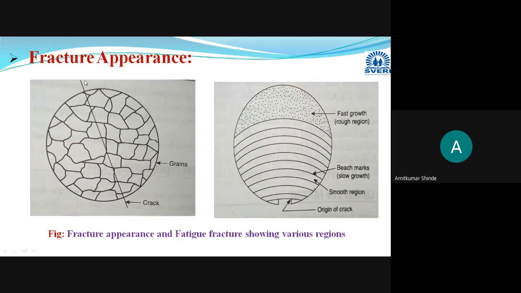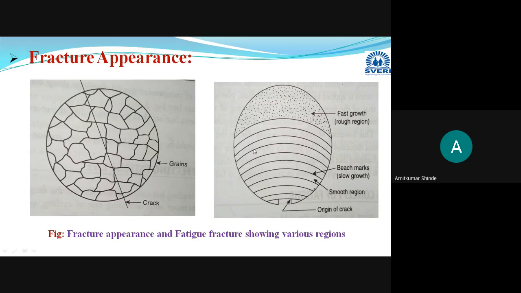Two types of cracks may be there: one is through the grains, and whenever a crack is through the grain boundaries, that is intercrystalline or intergranular. This is the transcrystalline or transgranular fracture or crack.